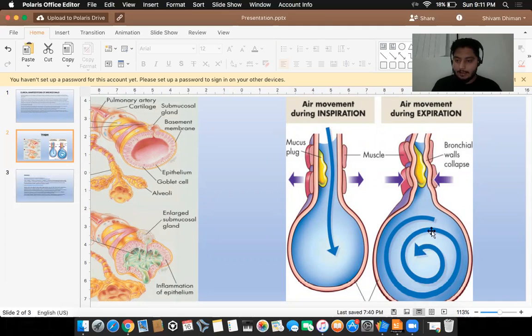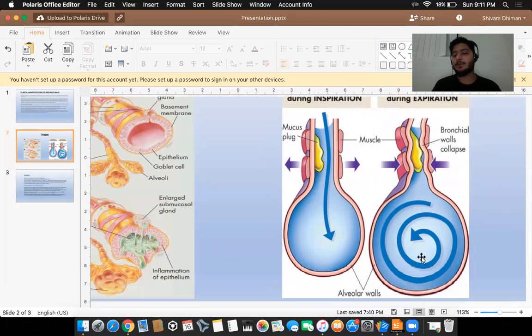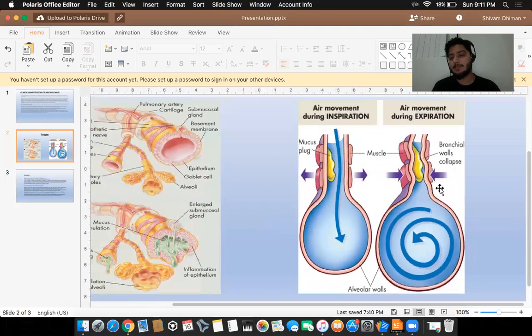In the alveoli, proper gaseous exchange takes place. You can see the mucus production and the bronchial walls. Remember, it's an inflammatory disease, so the air gets trapped and there is an obstruction.